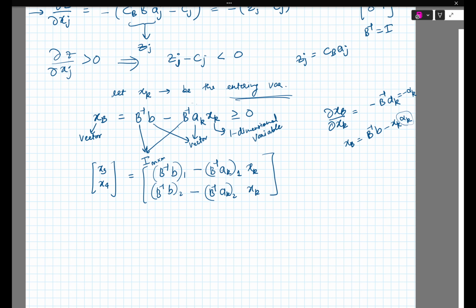So this is because B, this is identity. I think it should be alpha i k. What I am writing is B inverse A k, the ratio of these quantities.